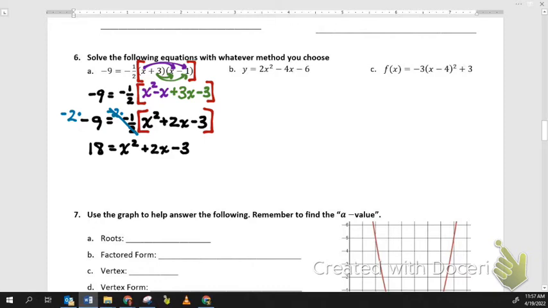I can add 3 to both sides, but since I want to solve this quadratic, I need it equal to what? Subtract 18. Yeah, let's subtract 18 from both sides because I need it equal to 0.